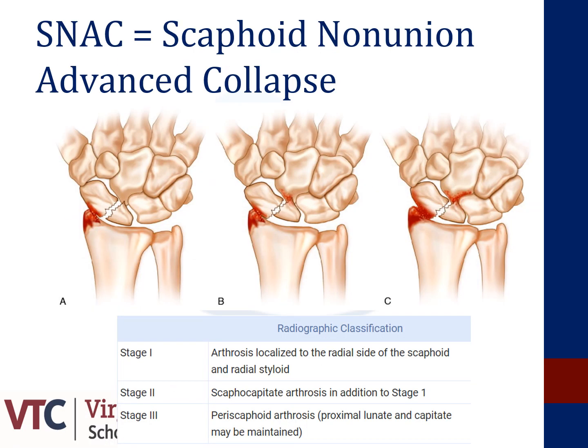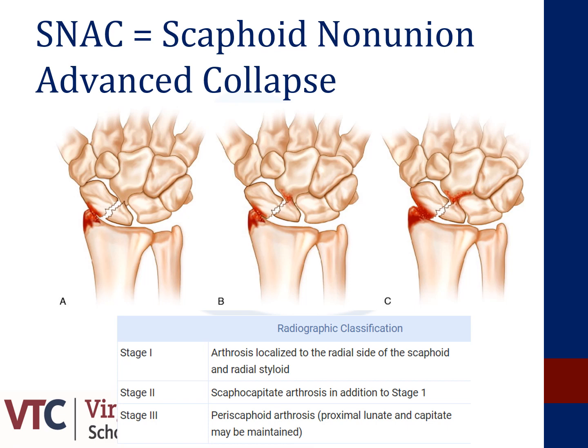If a scaphoid non-union is not identified in time and it goes on to develop associated arthritic changes, that is referred to as a SNAC, scaphoid non-union advanced collapsed wrist. Below are images depicting the radiographic classification of the SNAC wrist. Stage 1 is localized to the radial side of the scaphoid and the radial styloid.